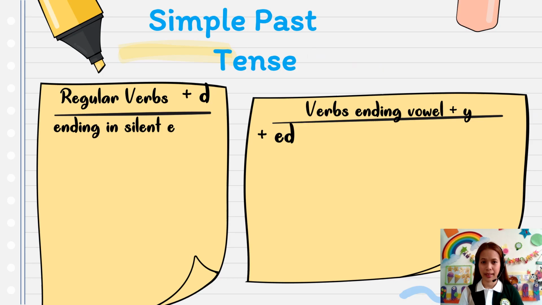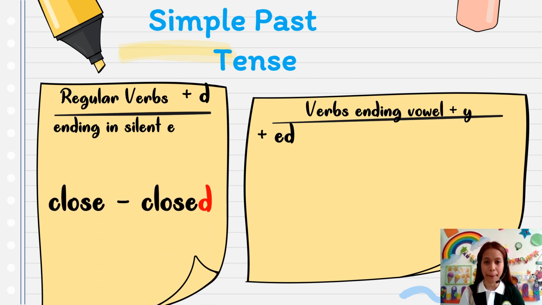Okay, so here is how we form the simple past tense. Regular verbs plus d, ending in silent e. For example, close becomes closed. Just add d after the base form. The next one, verbs ending in vowel plus y, just add ed.